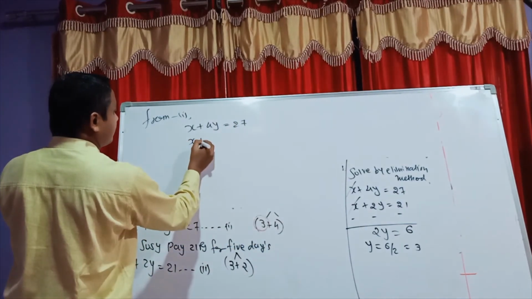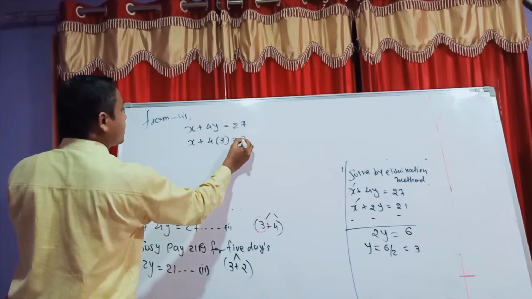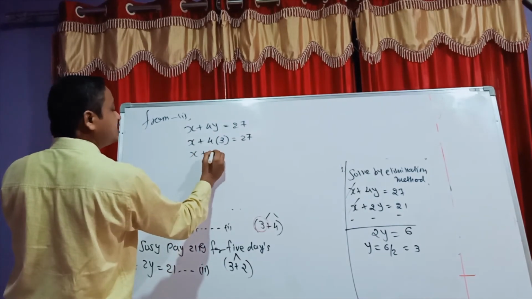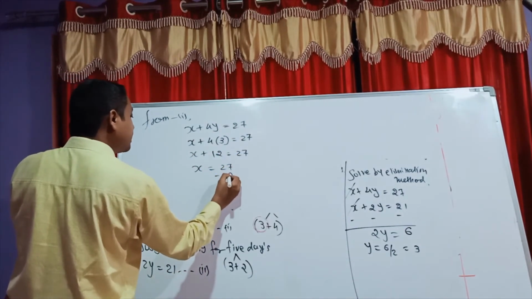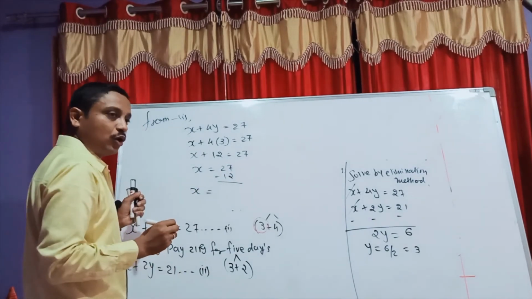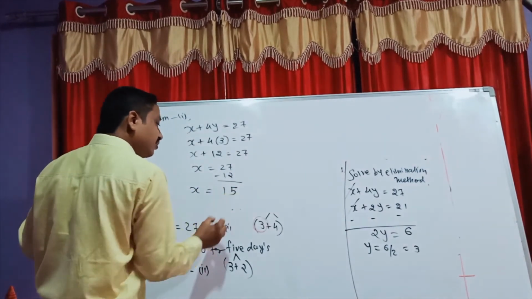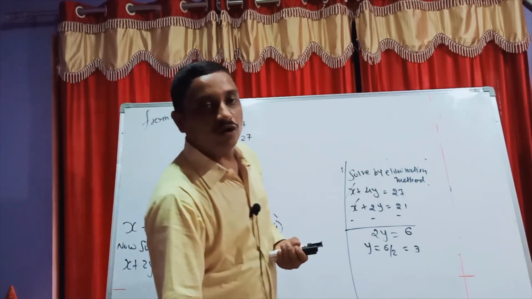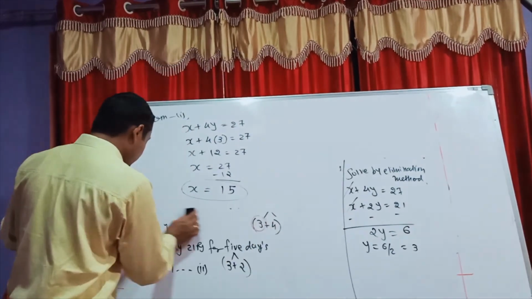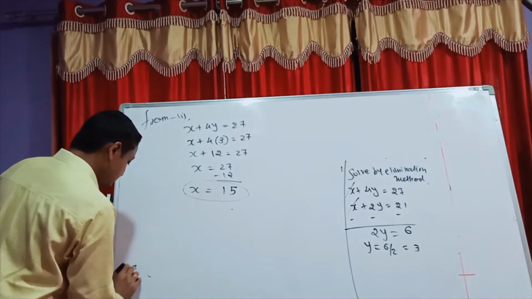What is your y? Yes, it is 3. So 4 threes are 12. So 27 minus 12, you get this value, 15. It is 15 rupees for the first 3 days charge.